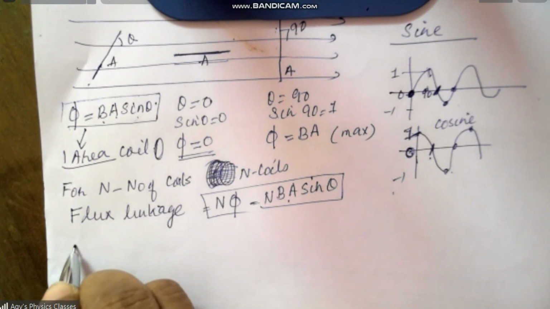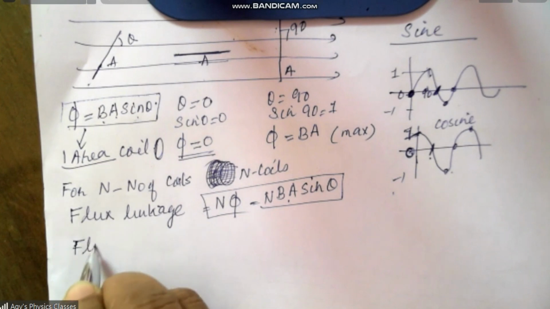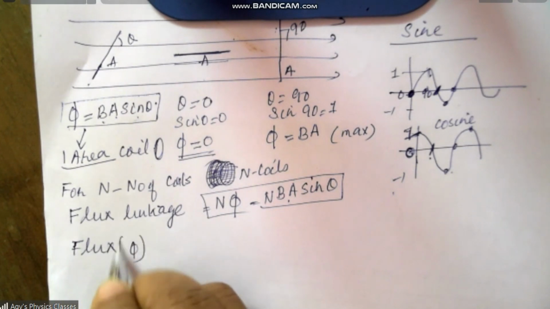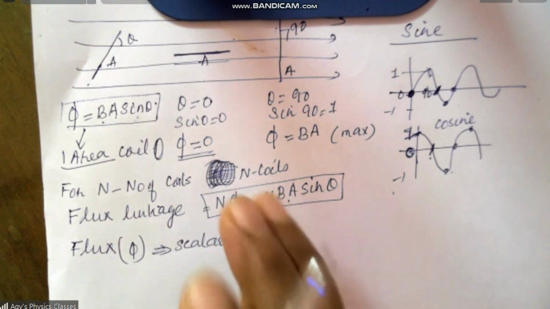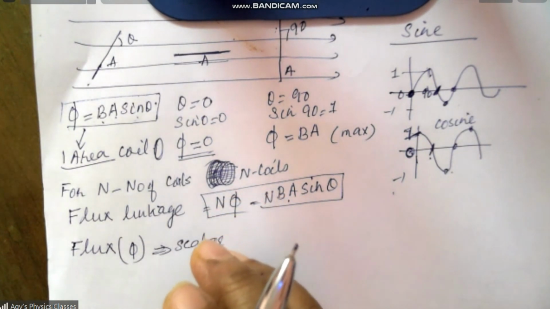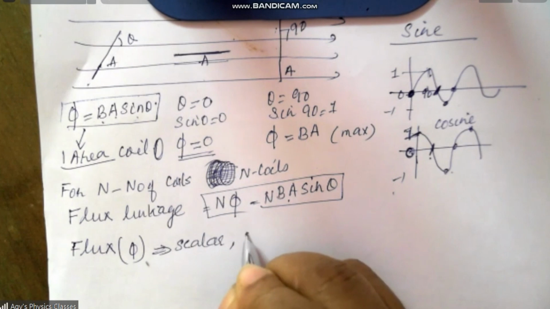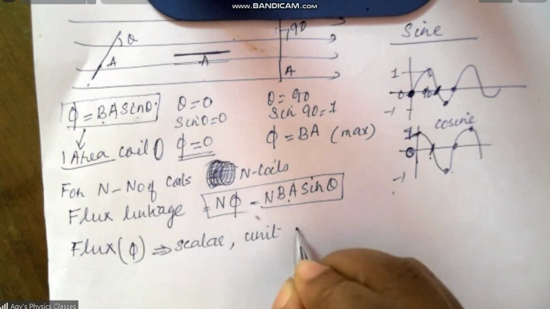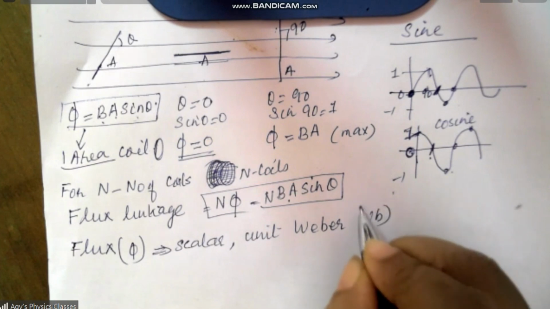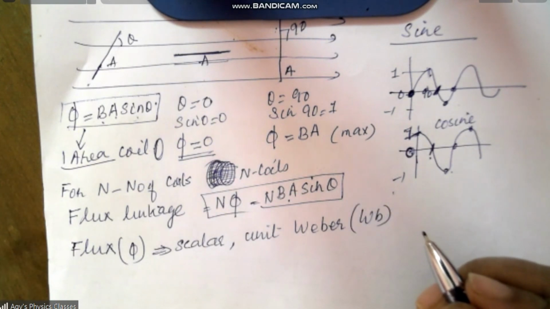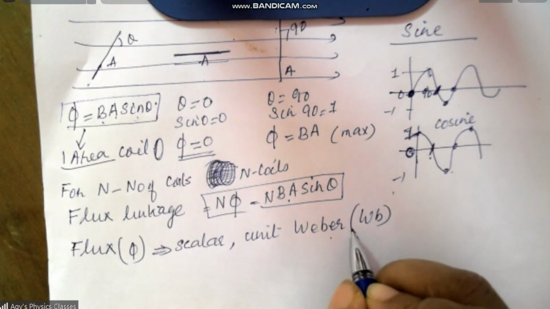And what is flux? Magnetic flux phi is a scalar quantity. Why? Because it's just a number, it has no direction. And what is the unit? Weber, WB. A new unit.